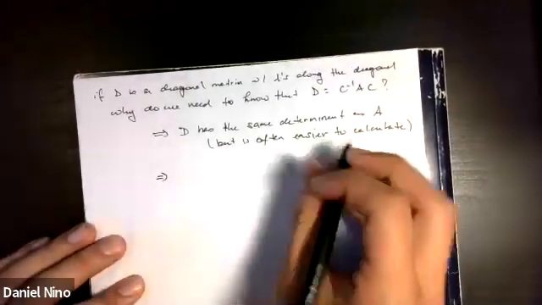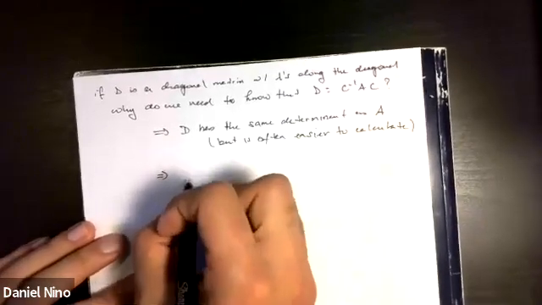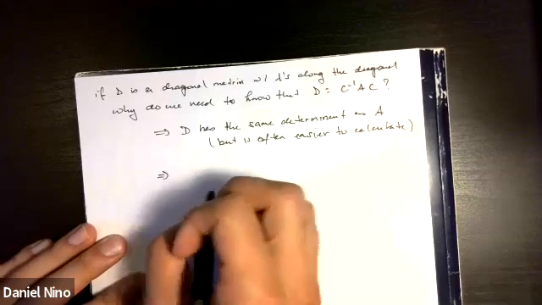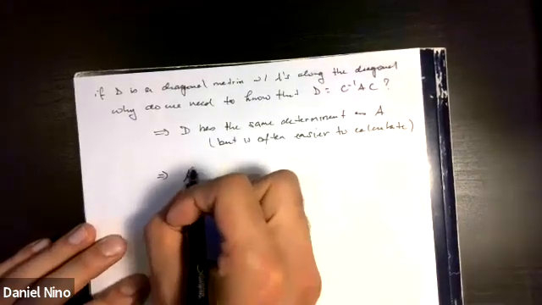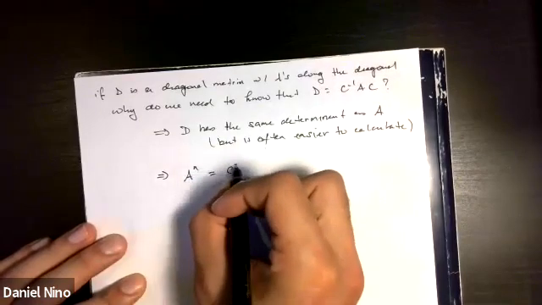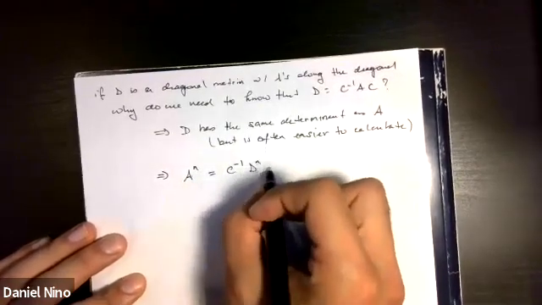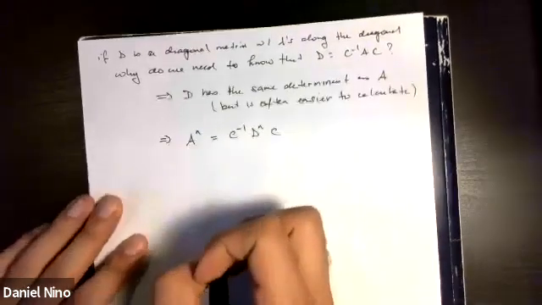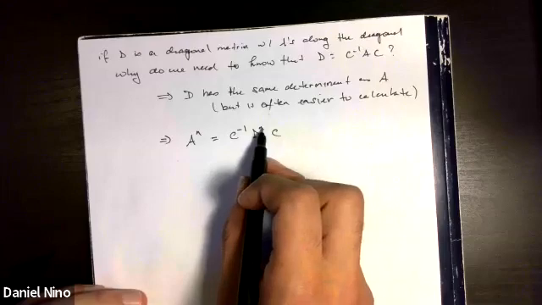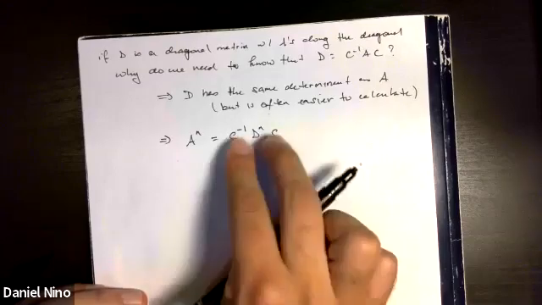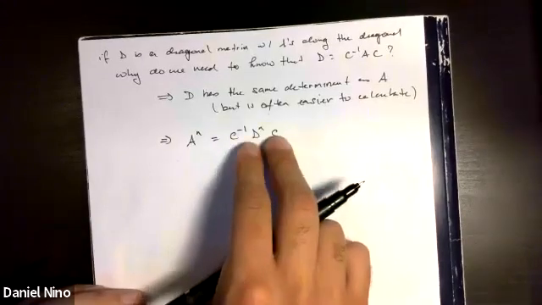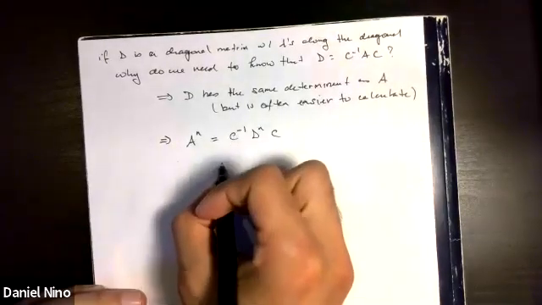You can also show from this result that if you want to find the nth power of your matrix, this is equal to the following product of matrices. You only need to raise your diagonal matrix to the nth power, and then sandwich it between the inverse of your eigenvector matrix and the eigenvector matrix.